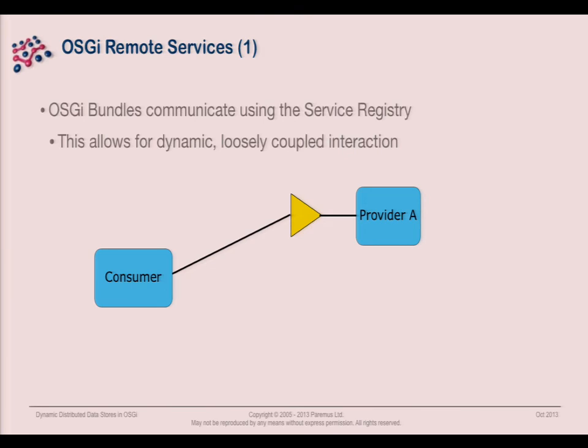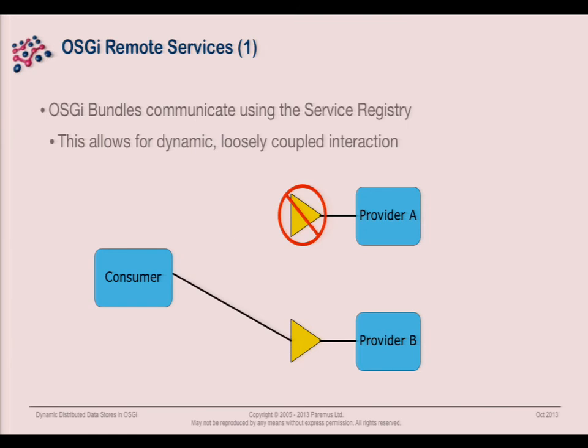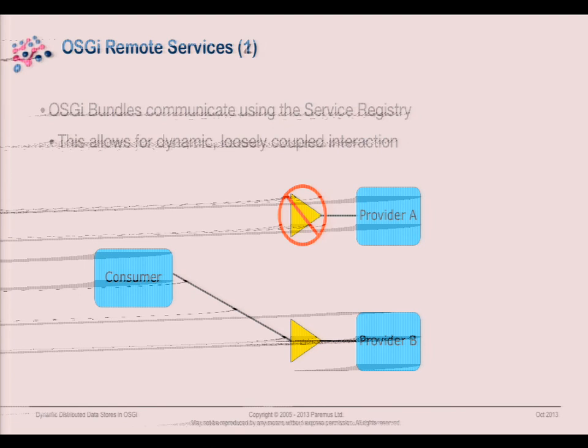You can think of it as the direction that an invocation on that service would go. Here we've got a provider B providing the same service, and we can see that if you take away provider A, you can just wire to provider B and keep working. So services are good and they let you do things dynamically.